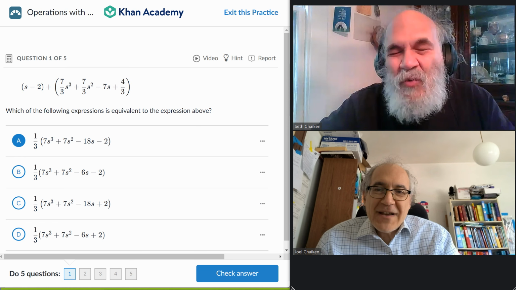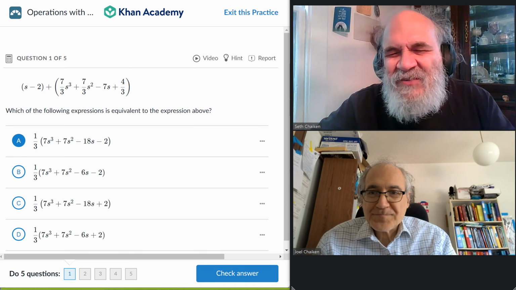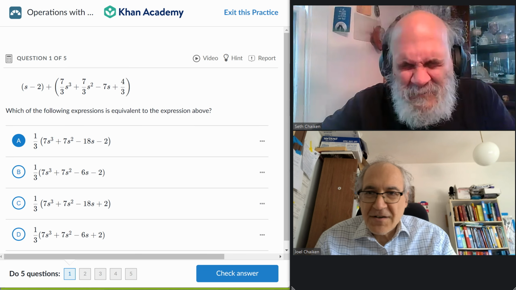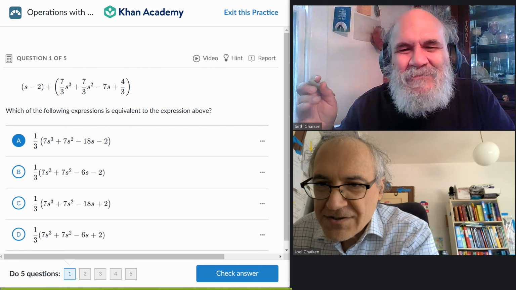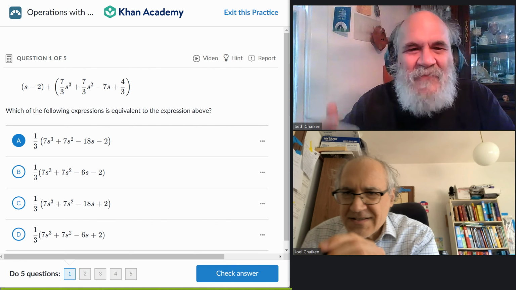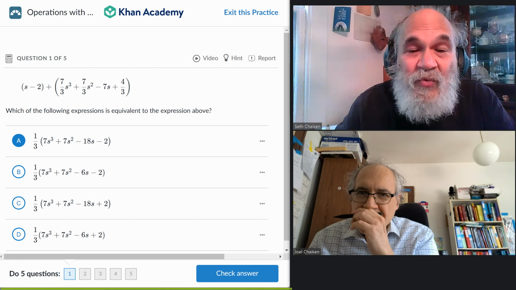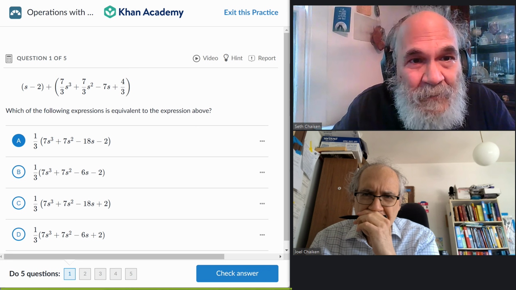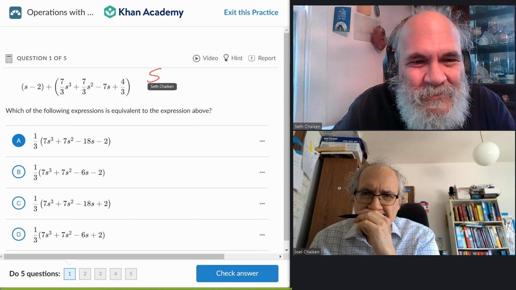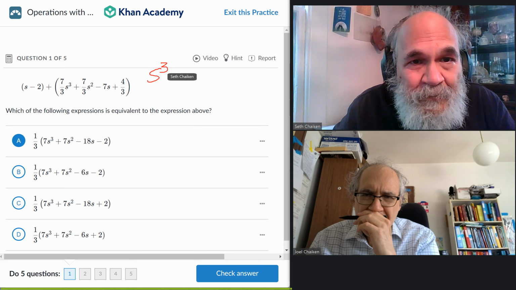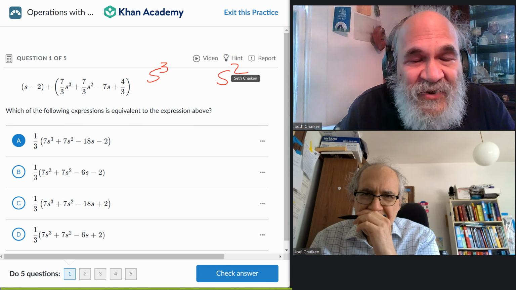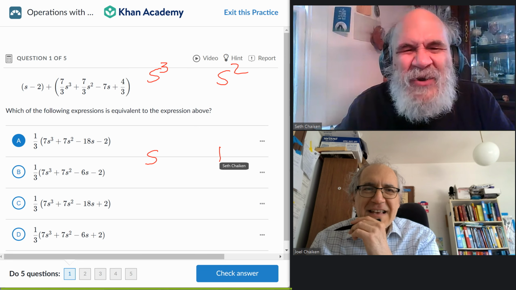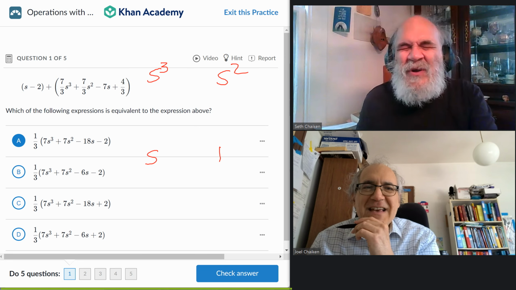So we're going to redo the calculations much more carefully and slowly, one at a time: the s cubed term, the s squared term, the linear term, and the constant term.